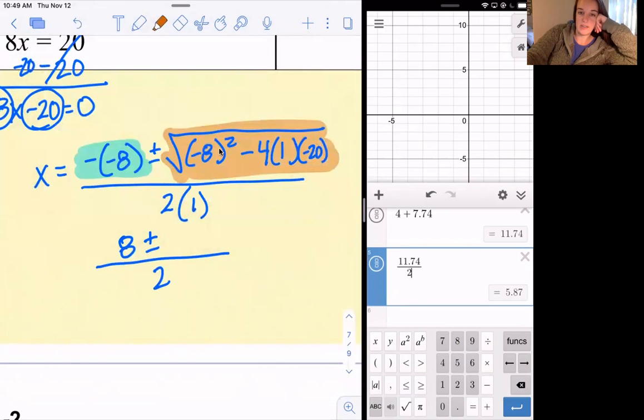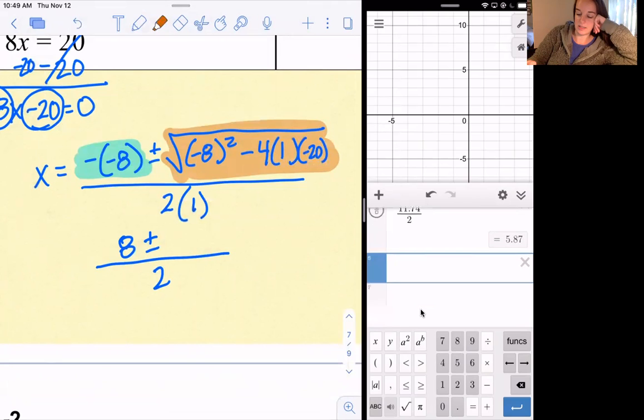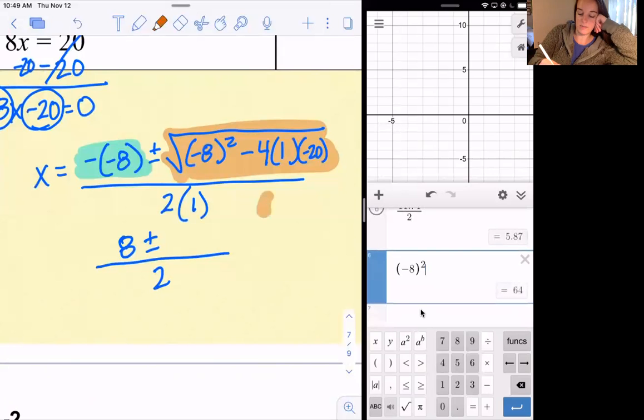So I know negative 8 squared would be negative 8 times negative 8. Go to my calculator. I know that that is typed in like this. Negative 8 squared, positive 64. And then I have minus 4 times 1 times negative 20. So negative and negative are going to make a positive, and 4 times 20 is 80. So we have 64 plus 80.